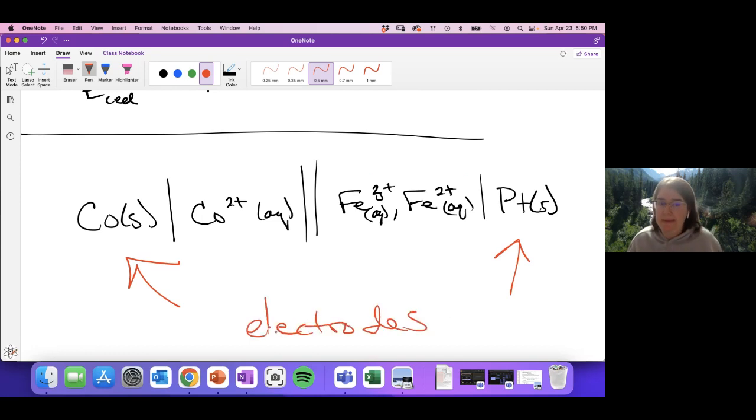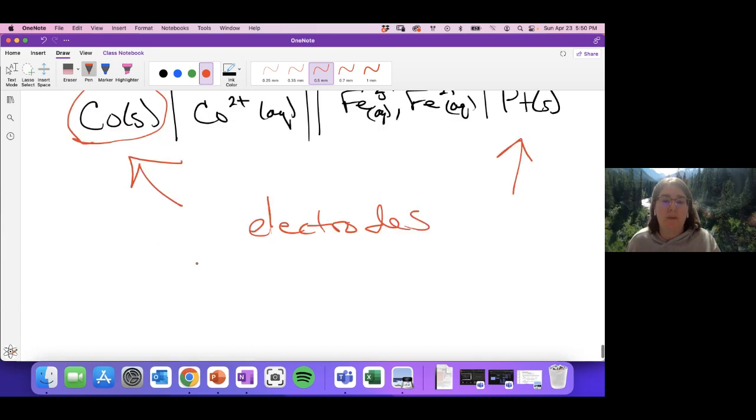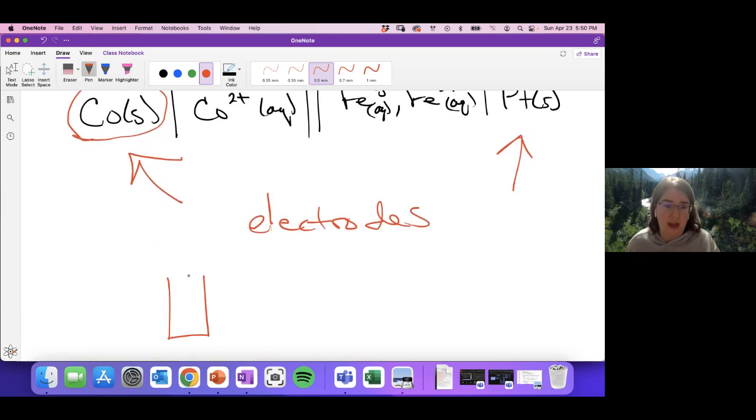Now, it just so happens that because cobalt is a pretty nice stable metal, using cobalt as an electrode is something that we can do. So even though it's participating in the reaction, it's still an electrode. If we were going to build this thing, I would actually have a block of cobalt that I could put in my electrochemical cell.